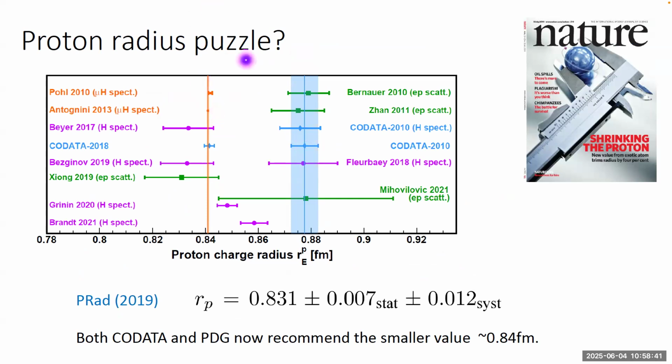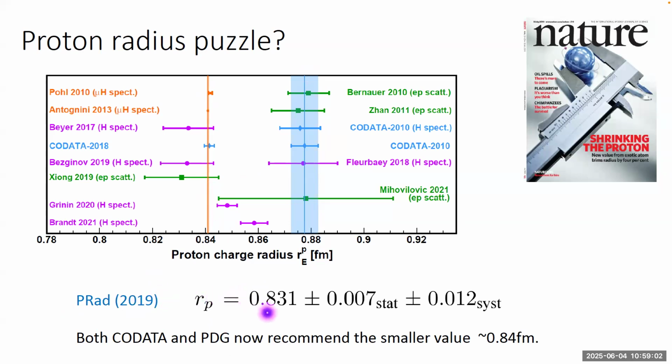But people did more precise experiments, and it seems to me that all the experiments from electron scattering are converging towards the smaller radius. Nowadays, for example, this is experimental data from JLab from 5 years ago.